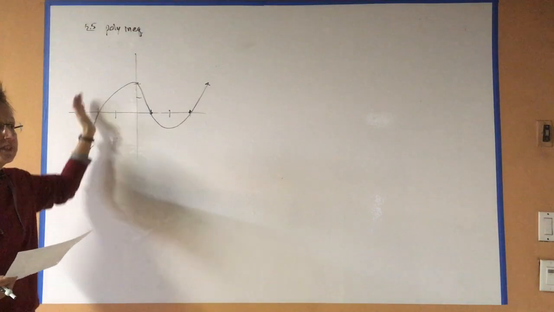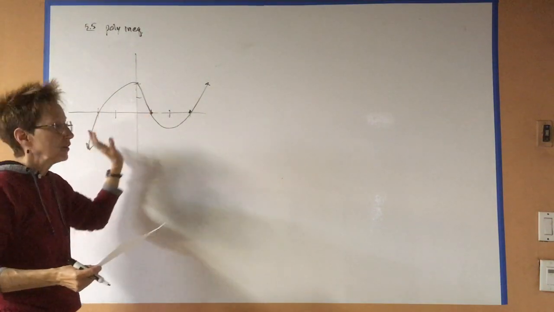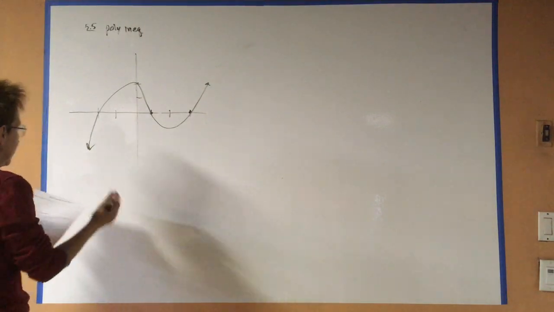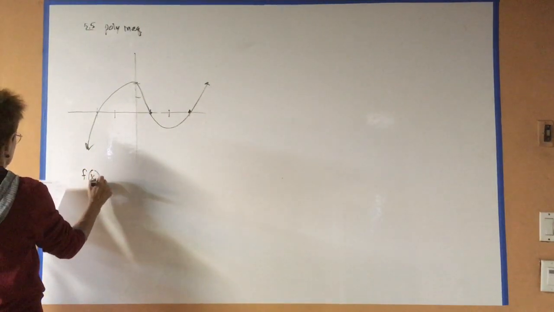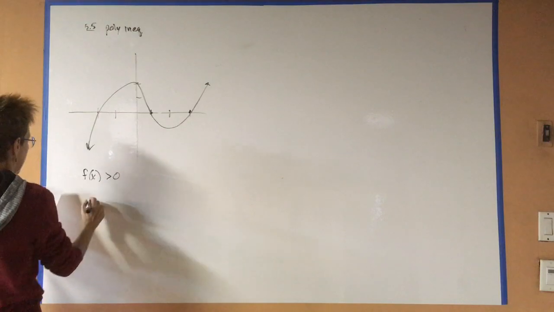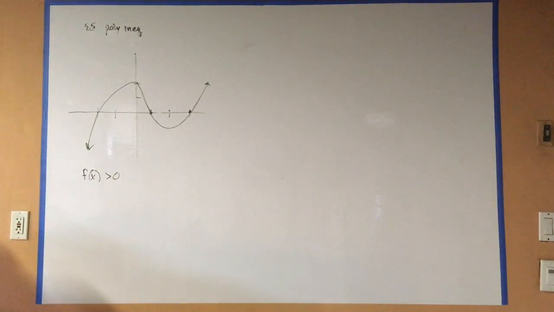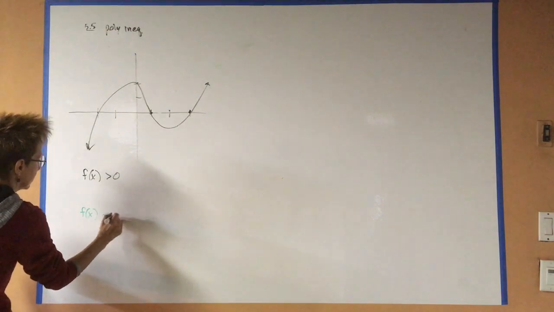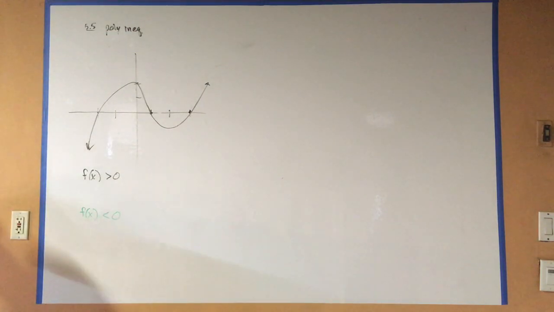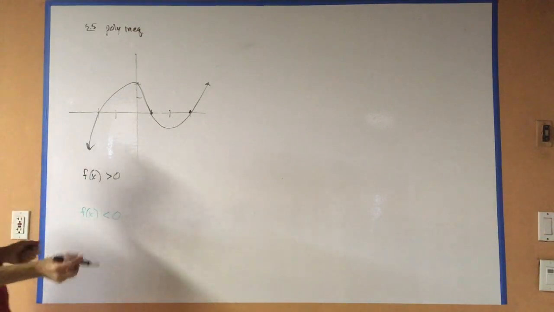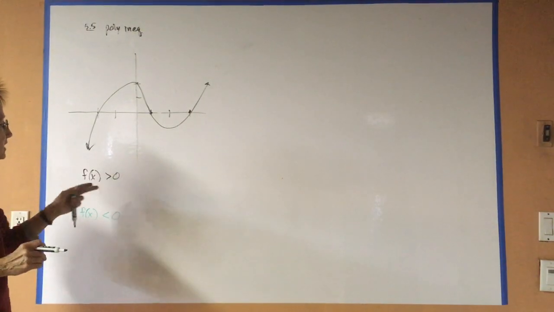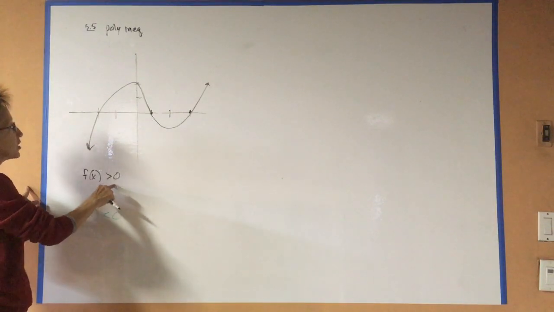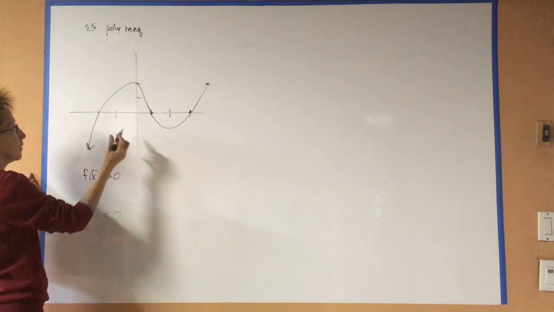So this is a polynomial, a nice smooth curve with behavior at the zeros, etc. And I asked, where is f of x greater than 0? And where is f of x less than 0? If I have the visual, I can take a look at this and figure out this is asking where is y greater than 0. So where are the y values greater than 0 here?